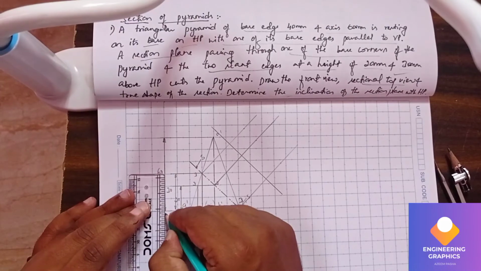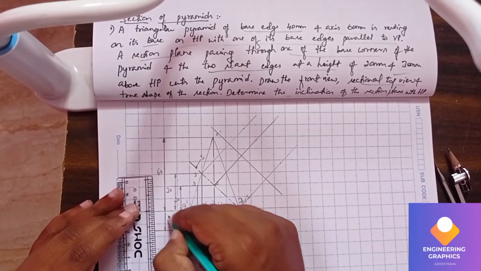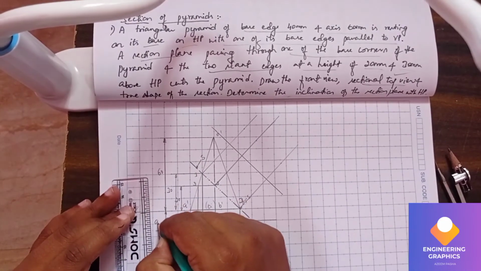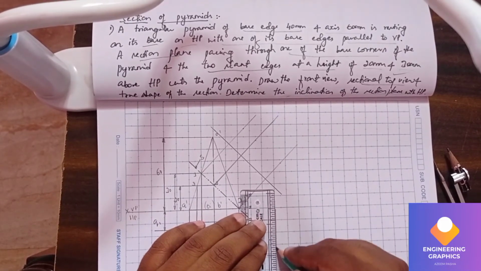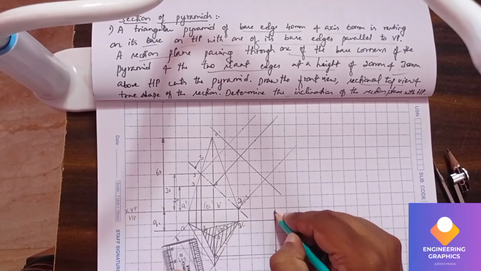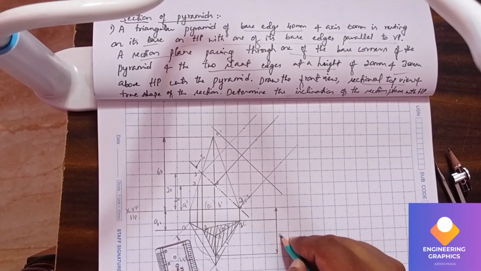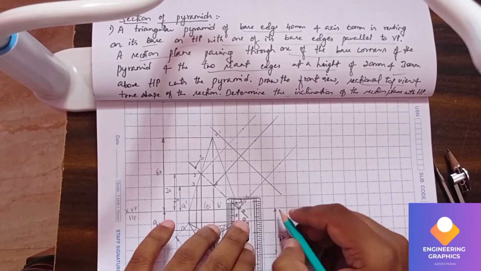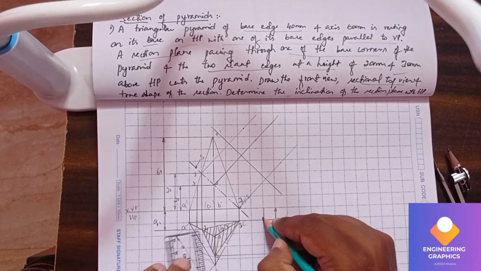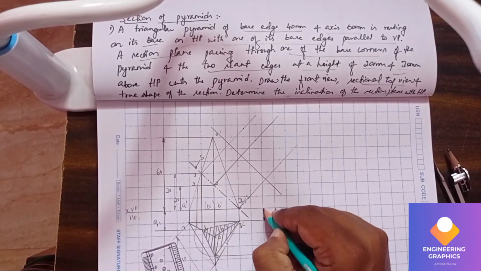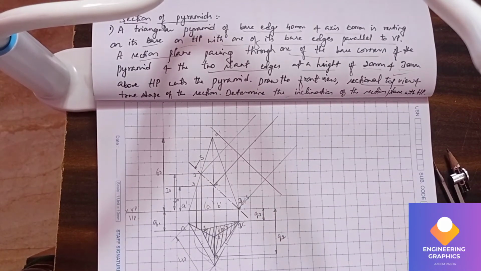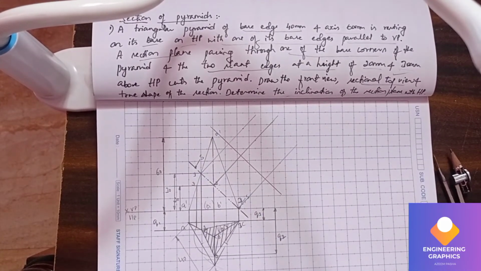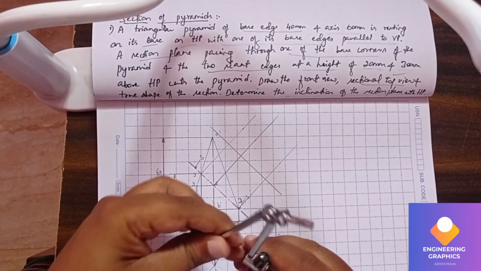So I'm going to mention this distance. This is q1, this is q2, this is q3.